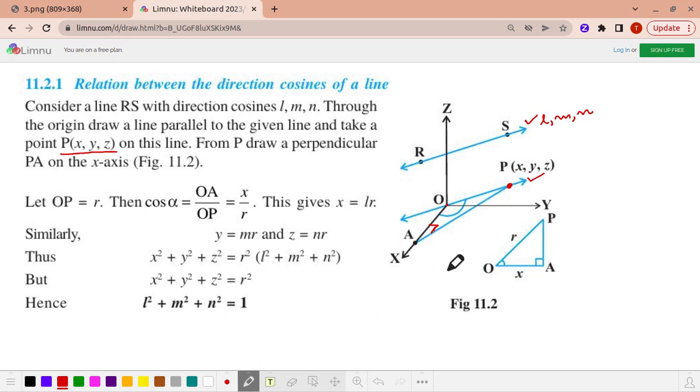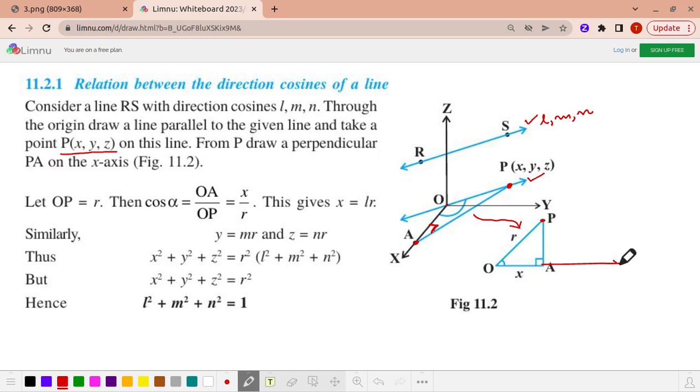So definitely PA and OA will be perpendicular to each other. That's why this is a perpendicular, and that has actually been shown here in a little more elaborated manner. You see, from the point P we draw a perpendicular. So let's consider this is the x-axis actually.